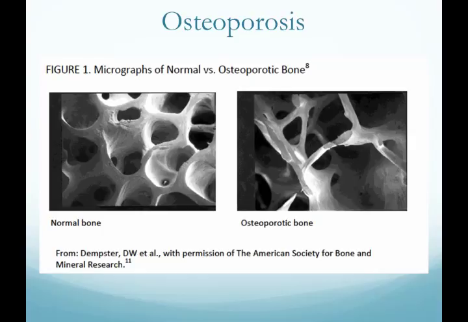So this is a picture of a real normal bone and a real osteoporotic bone. So I want you to look at a bunch of things here. First of all, see that there are some horizontal structures, we call them plates, and some vertical structures, we call them rods. And look at the osteoporotic bone. You see a few things.